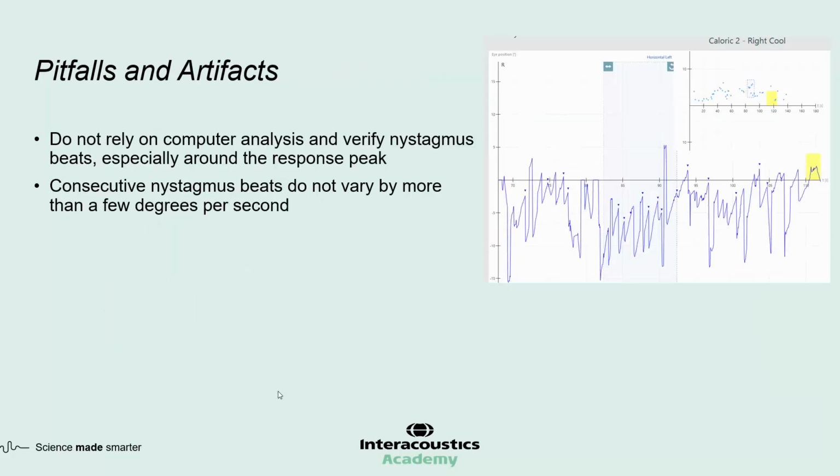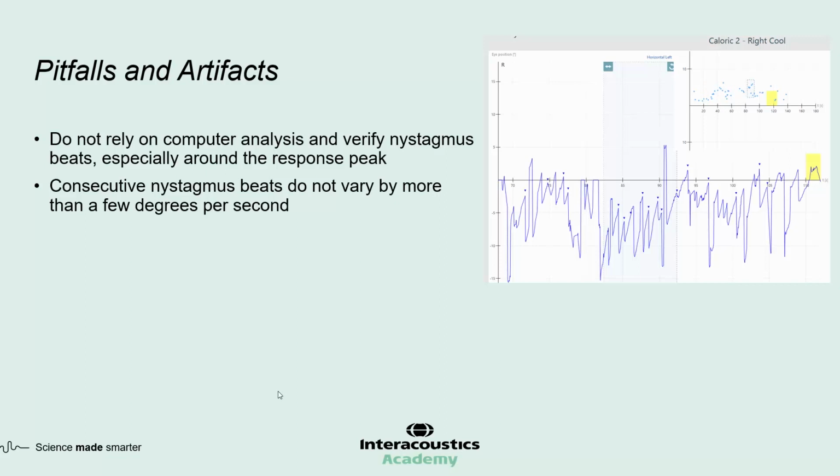Well, caloric testing by its nature is susceptible to a number of artifacts, and we have to make sure that we eliminate or recognize them before we interpret the results. One of the things that happens in the computer analysis is that the computer tries to identify nystagmus beats and then determine the slow phase velocity of those beats. That process is never perfect, regardless of which system you use.